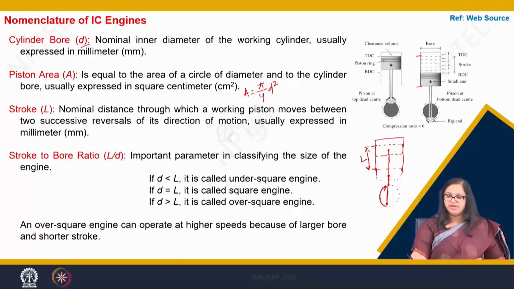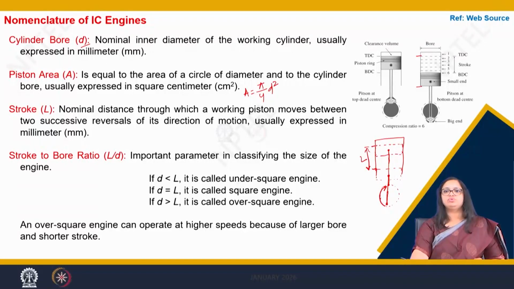When the crank makes a half circle, we call it 1 stroke. When it completes the full circle, we call it 2 strokes. So there are certain engines where we have 2 strokes and where we have 4 strokes. In a 4-stroke engine, there will be 4 processes which happen in each of these strokes.